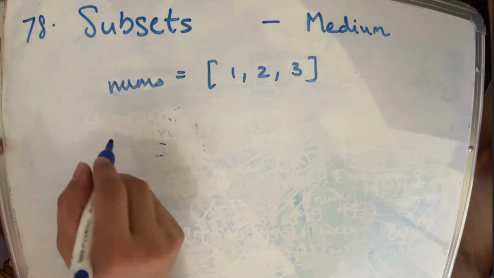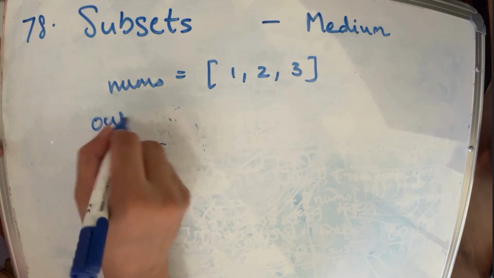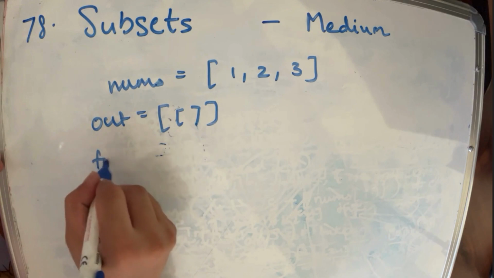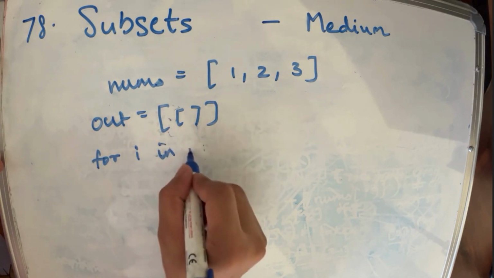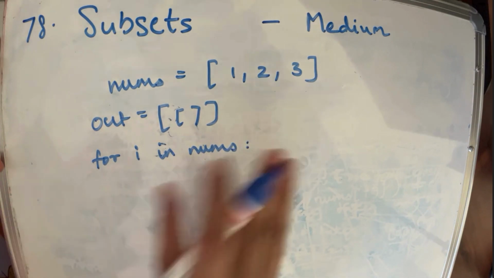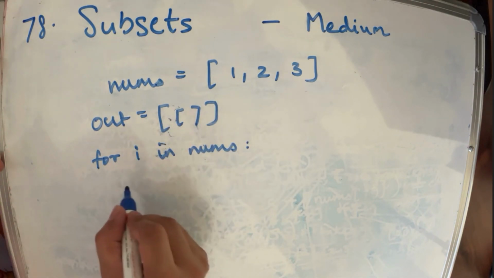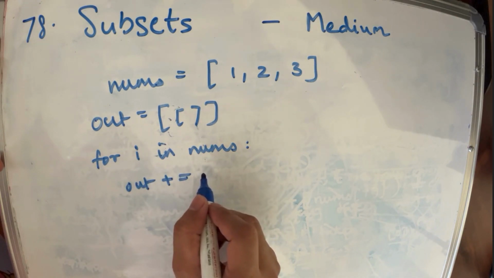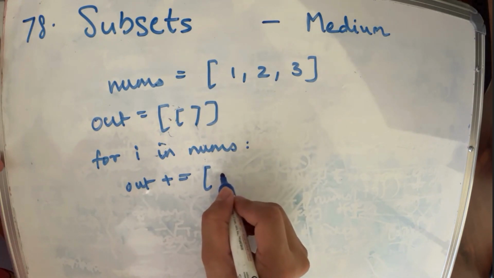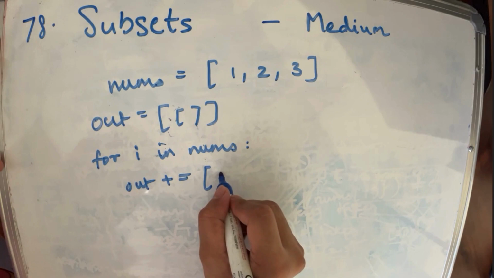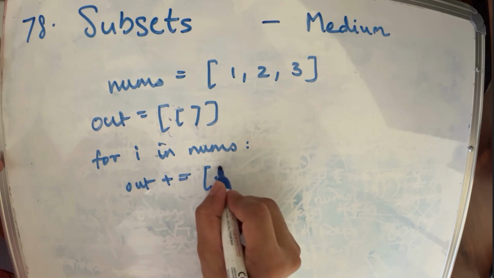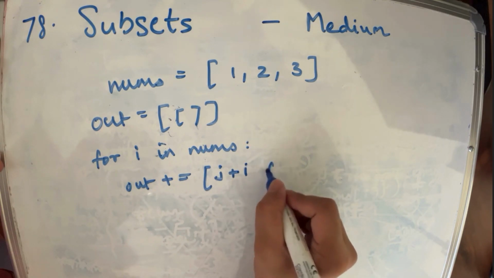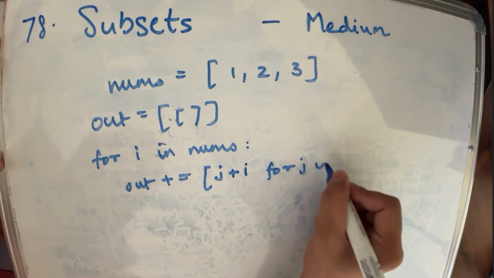For our iterative approach, we have our output as empty, let's say. So the first element is empty. Now for each step, for i in nums, meaning for every element in nums, we will start with 1 and add it to the output as j plus i for j in output.